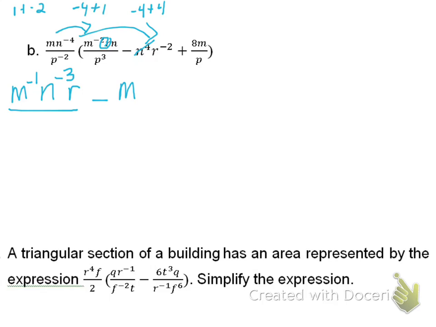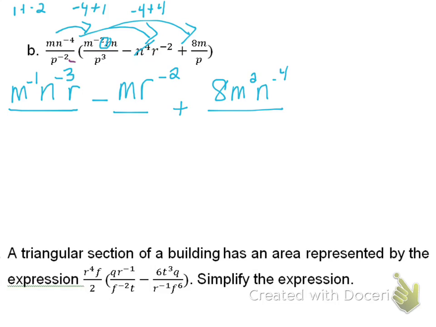And then we also have an r to the negative second power. And then the last term here, we have plus sign and 8. We have an m and an m, so that's m squared. And then we also have the n to the 4th power from the original. Okay, so we're done with numerators.